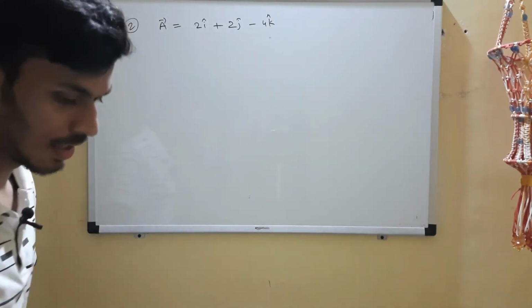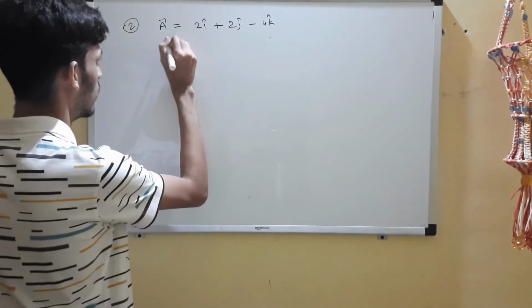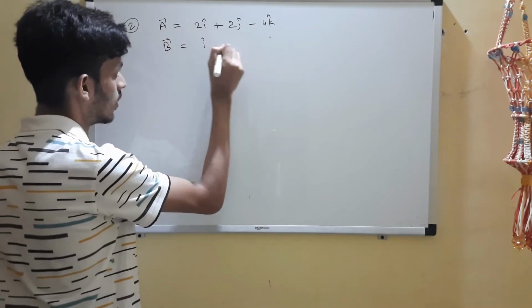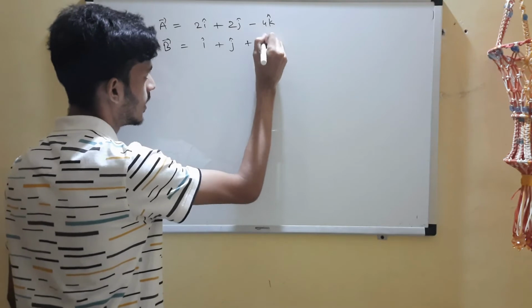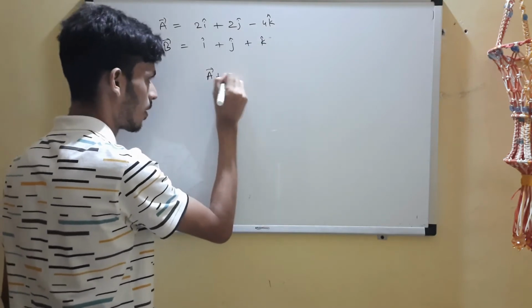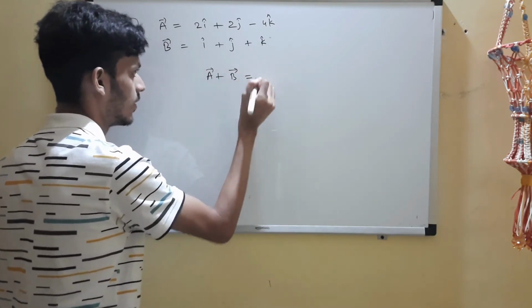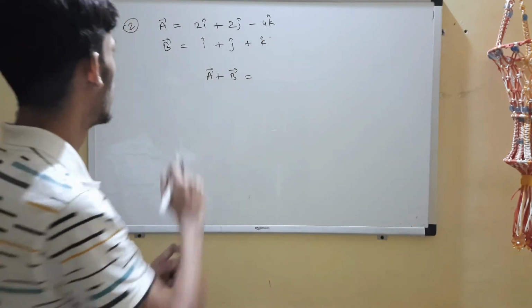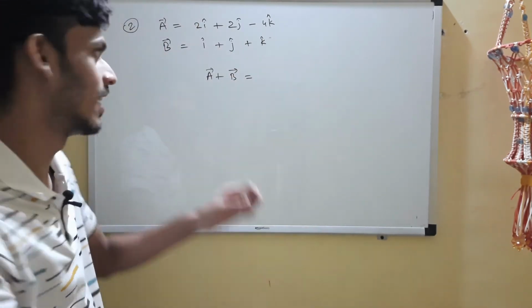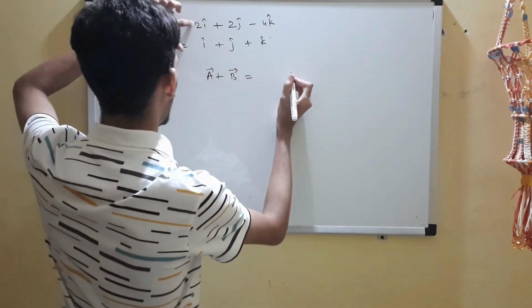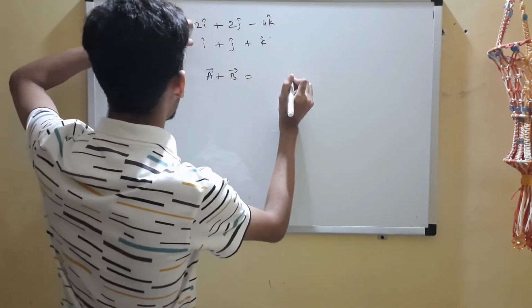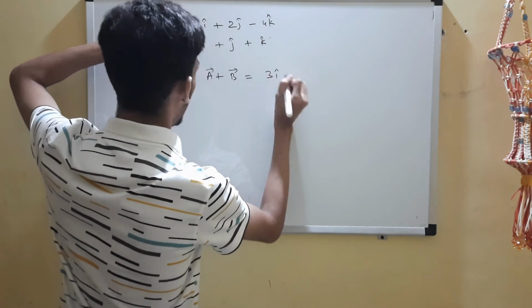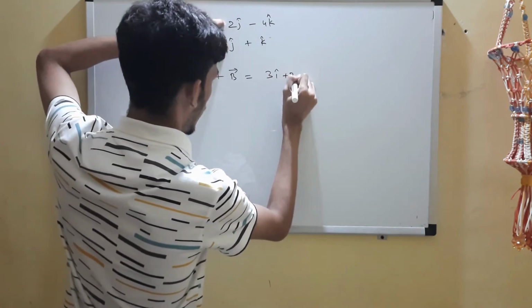So let's choose another vector. In this case, we'll choose i cap, j cap, k cap. For your satisfaction that you have understood this, just find a plus b. Just add the things, and we'll do it in one step. 2 plus 1, 3 i cap. 2 plus 1, 3 j cap.